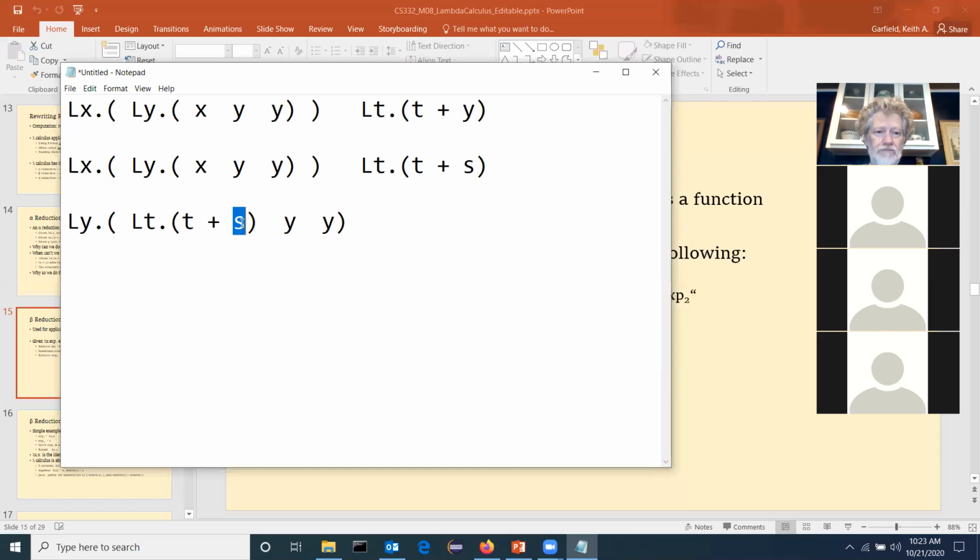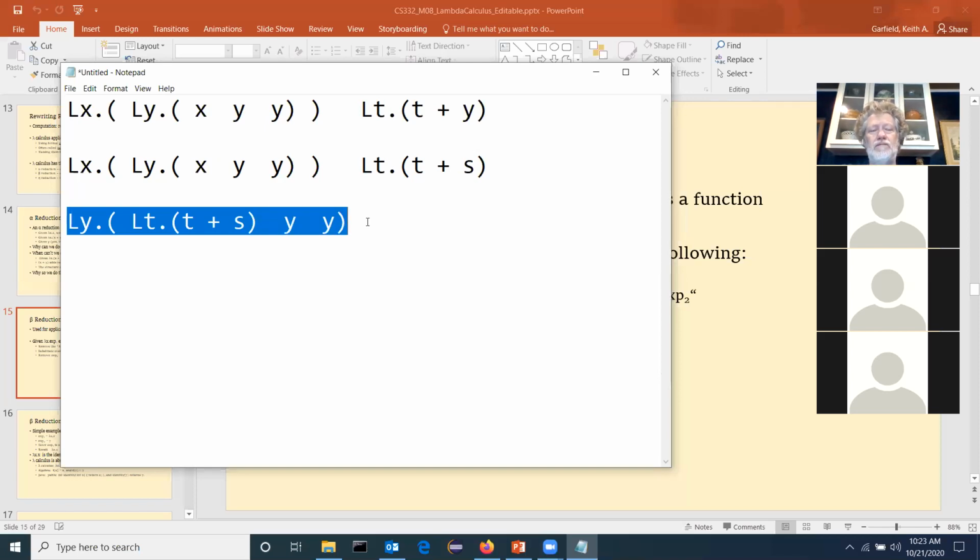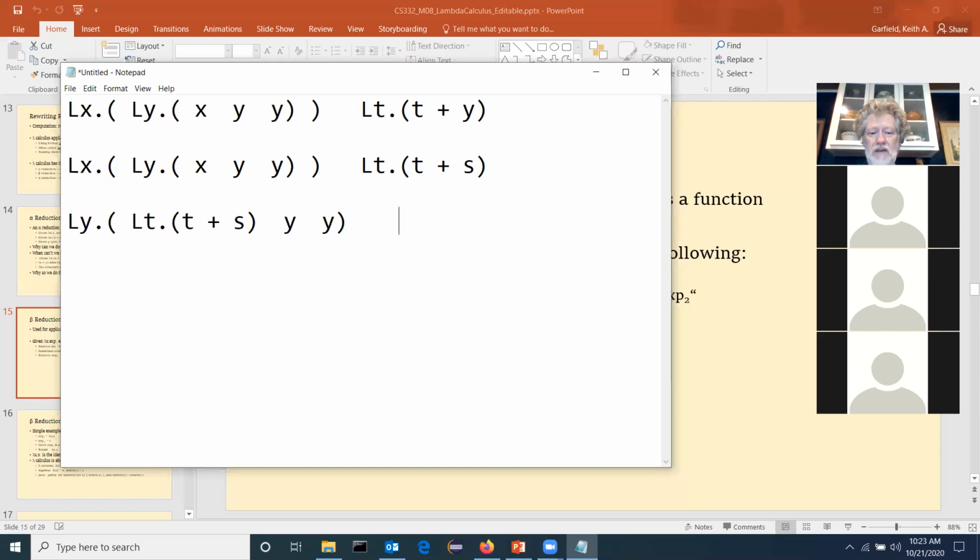By the way, can I reduce this anymore? Let's see. In order to do more, I'd have to have something out here, right? So I don't have anything else out here. How about inside the parentheses? Can I do anything inside the parentheses?